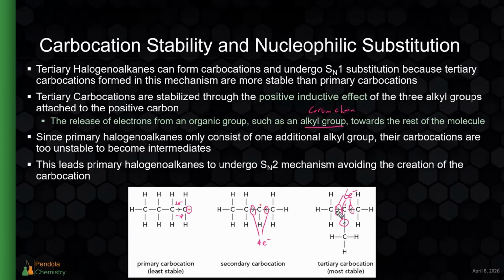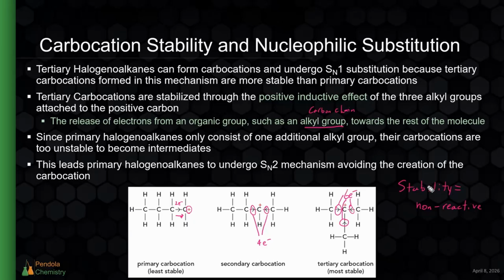But why does that matter? Why does it matter that these bonds are polarized? And what does that have to do with the stability of the carbocation? Stability is another way of saying non-reactive. So the more stable something is, the more non-reactive it is. Because when things react is when chemical reactions happen.